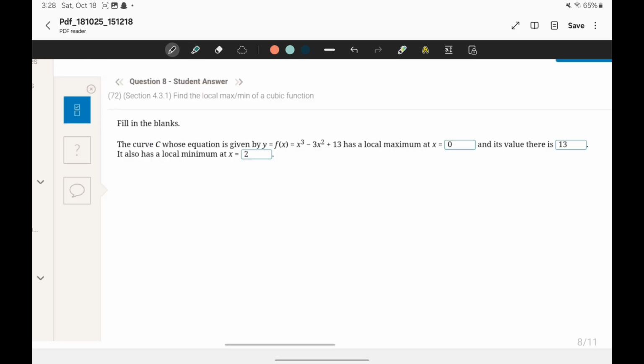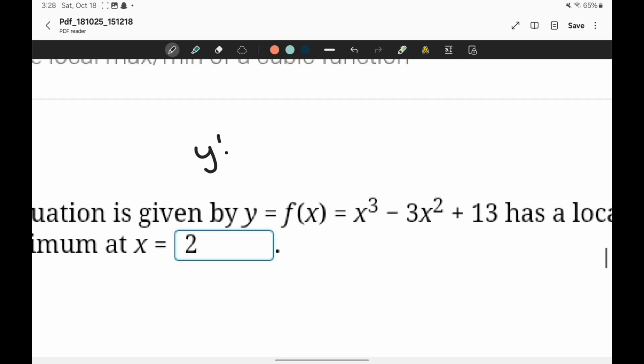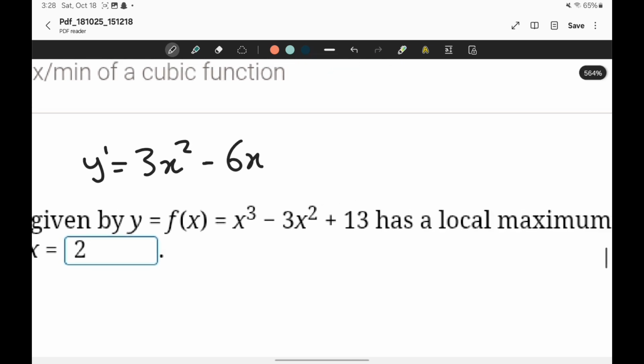Number 8 here, they gave us a curve equation. They want the local maximum and the local minimum. Once again, first thing we do is derive, so it's 3x squared minus 6x. You put this equal to 0, you get the roots are 2 and 0.